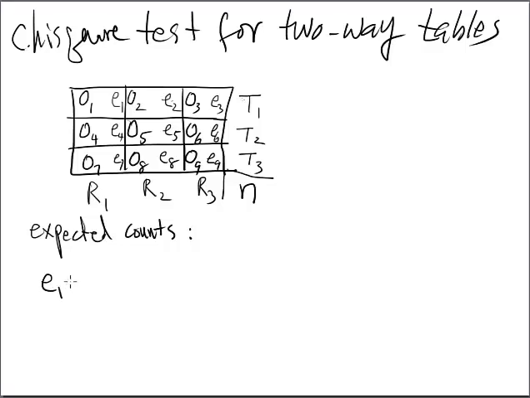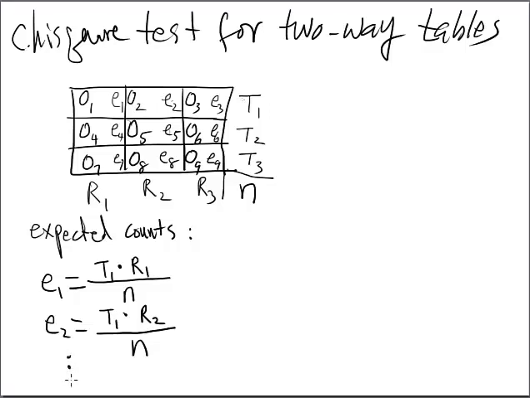So E1 is equal to T1 times R1 divided by the grand total, and E2 equals T1 times R2 divided by N. So look, if you find E2, you have to use the row total, which is here, and the column total, which is here. Okay? And keep doing this until you find all these E's.